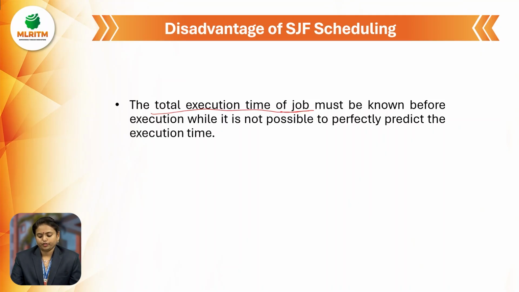It is not possible to perfectly predict the execution time before entering into the CPU, yet all processes' execution times must be known by the CPU. That is the disadvantage in shortest job first scheduling.